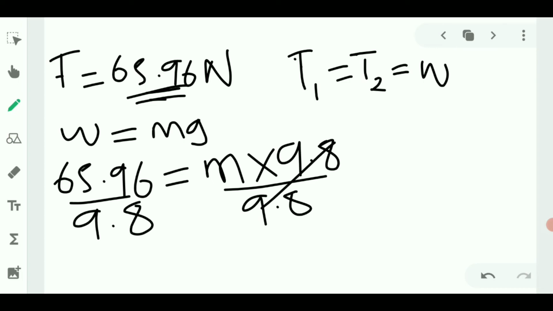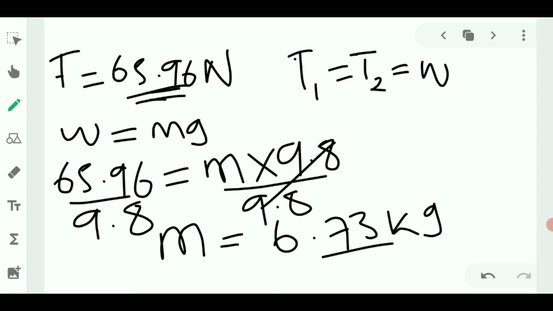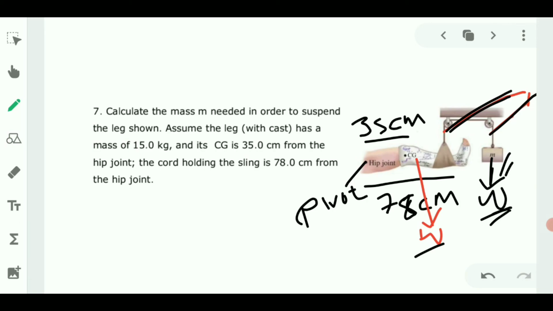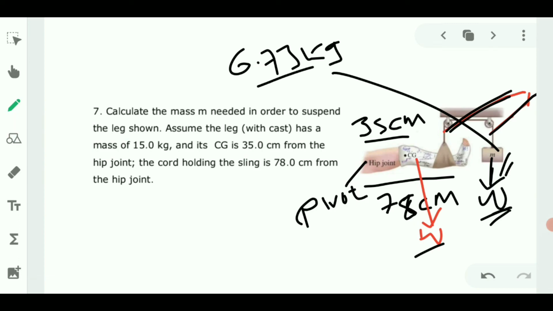By doing so, the value of m will be 6.73 kilograms. What this simply means is that we need a mass of 6.73 kilograms to help in suspending the leg as shown in this picture there. So that is the mass we're looking for.